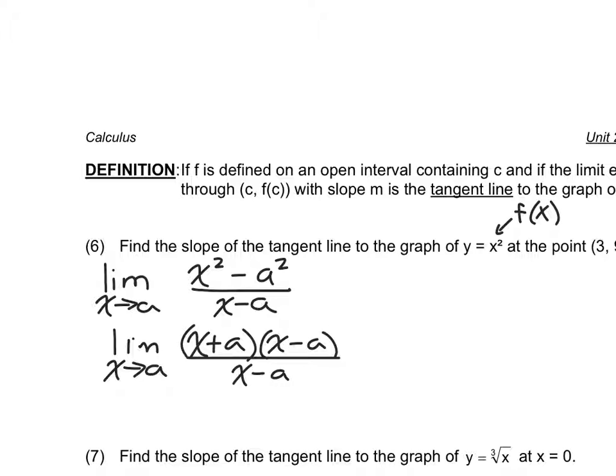The x minus a's would cancel, and we'd have the limit as x approaches a of x plus a. And again, the fact that x and a are getting closer and closer to one another gives us license to replace x with a or a with x.